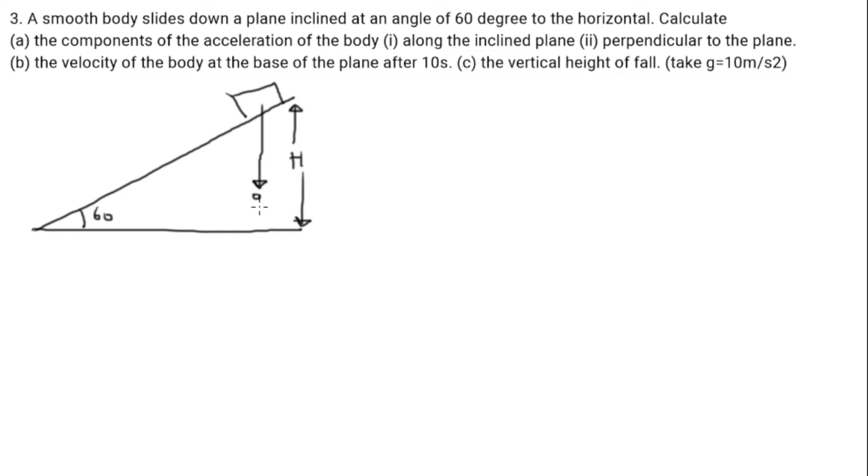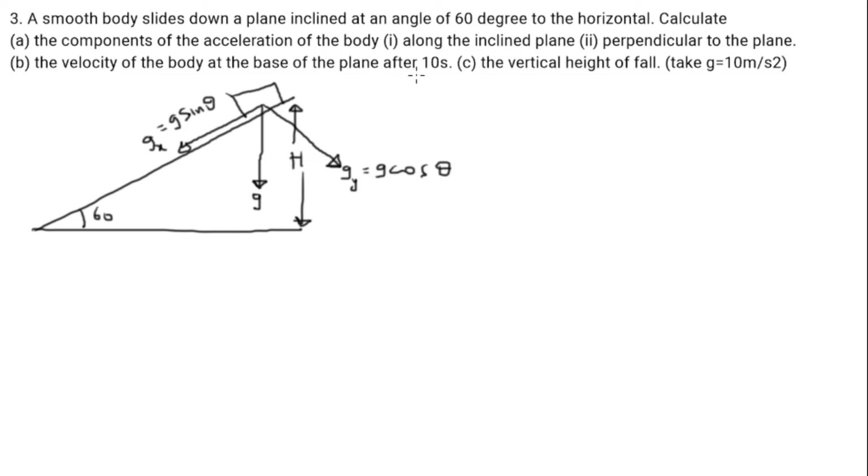So I can have something of this nature, g, and then the horizontal component, that will be gx, which of course is equal to g sine theta, and the vertical component of the acceleration due to gravity, which is gy, is g cos theta.